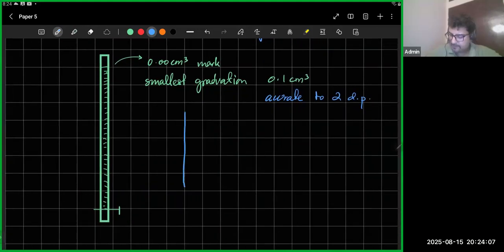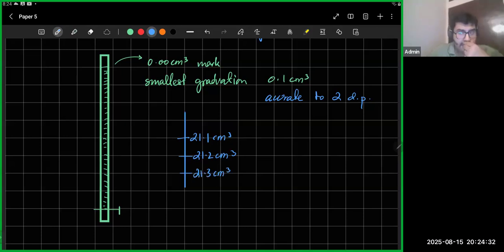If I zoom in, for example, this reading reads 21.1 cm cube, and then you have the next reading, which is 21.2 cm cube, and so on. You can remember readings increase as you go down, and this is 21.3 cm cube.